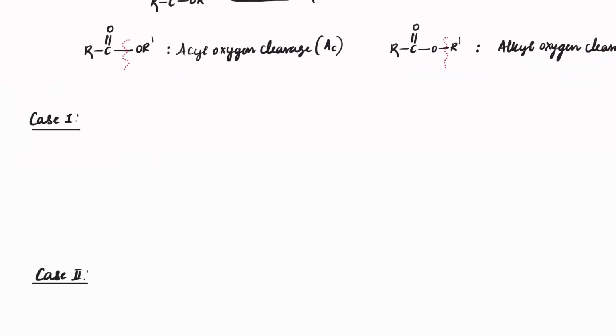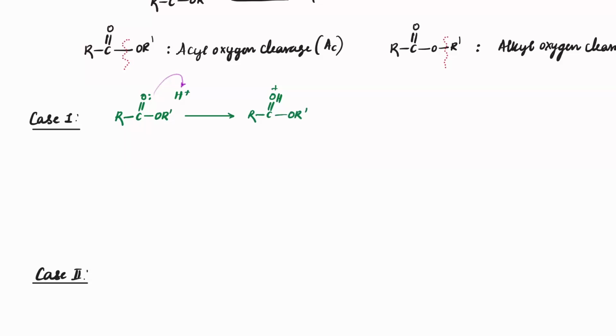Now, there are many types of mechanisms here. So first one, let us start with case one, where I'm making a reaction like this. RC double bond O, OR dash is present, and on protonation, the lone pair from this oxygen will connect onto the proton here. So that will convert into RC double bond OH plus and OR dash.